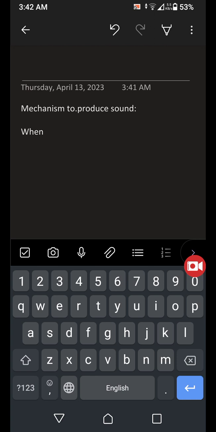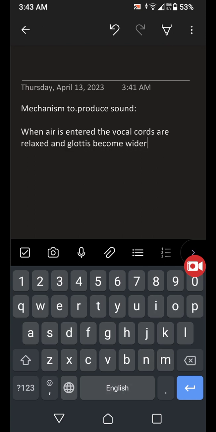glottis becomes wider. When air is entered, the vocal cords are relaxed and the glottis becomes wider.